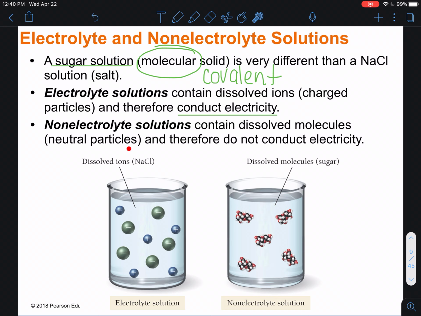Because it's a neutral particle, a particle without a charge, it does not conduct electricity. These are non-electrolyte solutions. Non-electrolyte solutions are solutions where the solute is a covalent compound, like sugar. When that solid dissolves in water, it does not form free-moving ions, and therefore it does not conduct electricity.